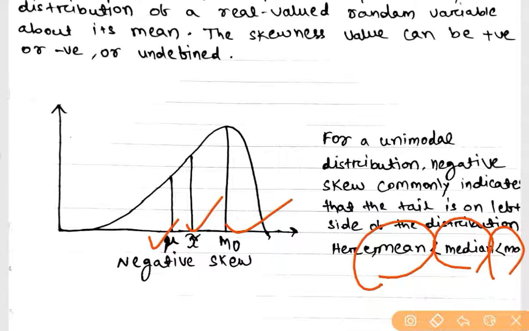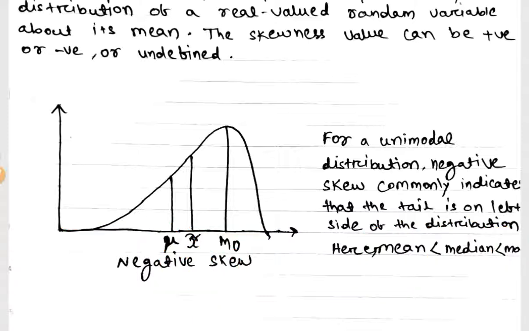If you go from this side, the mean comes first, so the mean is smaller, then the median is a little higher, and the mode is higher than the mean. So the mean is smaller than the median, and the median is smaller than the mode in a negatively skewed distribution. Why is it negative?